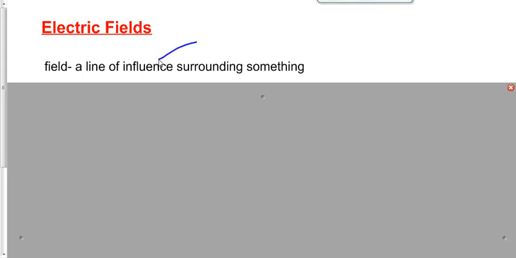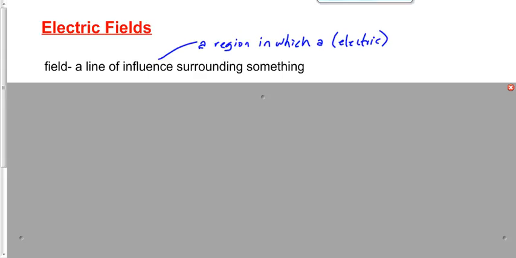Another way to define a field would be an area or a region, let's say. It's the same thing, but just a little bit of a fancier way of saying it. A region in which we'll say an electric force, because we're talking about an electric field here, although you can substitute what's in brackets here for a gravitational force, or whatever the case may be, depending upon what kind of field you're talking about.